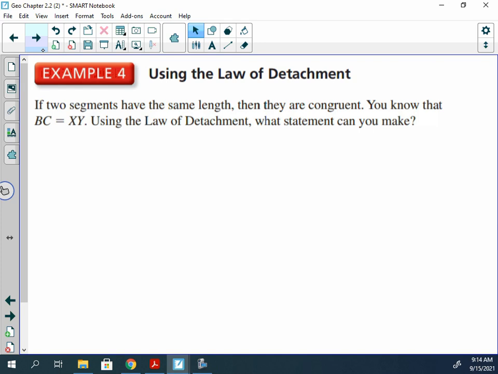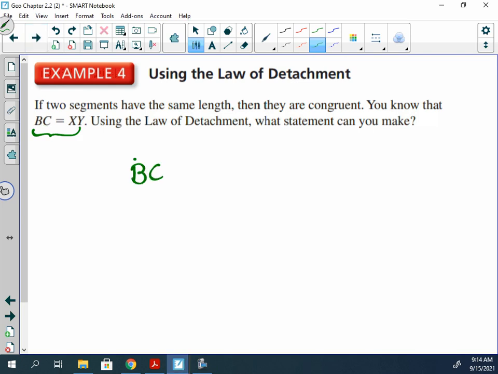So since we know that they have the same length, it means what? That BC is congruent to XY. Because the law of detachment really states that if the hypothesis of the conditional statement is true, then its conclusion must be true also.